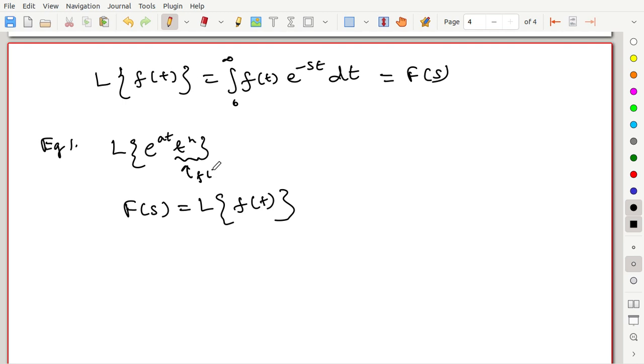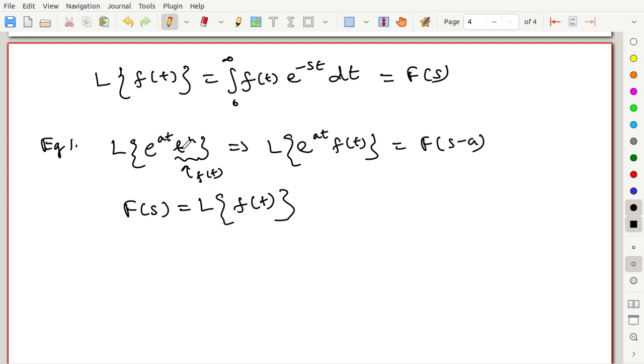Then e power at f of t has Laplace transform F of s minus a. So we first find F of s, and in that function we replace s by s minus a. So let's do it.